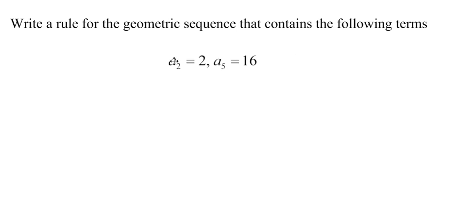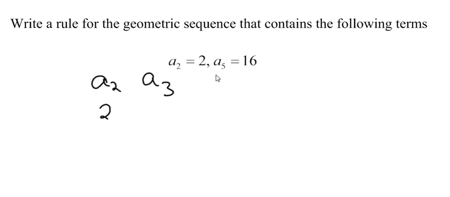Now here's another problem. Write the rule for a geometric sequence that contains the following terms: a sub 2 equals 2 and a sub 5 equals 16. This problem can be a little more difficult than the arithmetic sequences that we were looking at. Let's look and see what's happening here. We know that a sub 2 is 2.